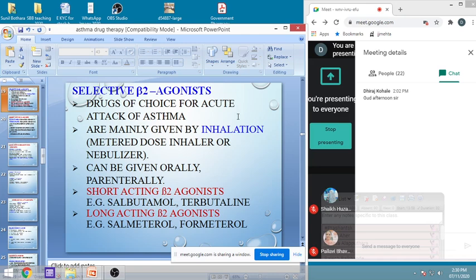We shall see these details again when we go through therapeutics. You just remember, the mechanism is known. What is the mechanism? Beta 2 receptors act through cyclic AMP, that is adenylate cyclase, with an increase in cyclic AMP, and because of that they act. So this is the mode of action, which we have seen in the adrenergic system.